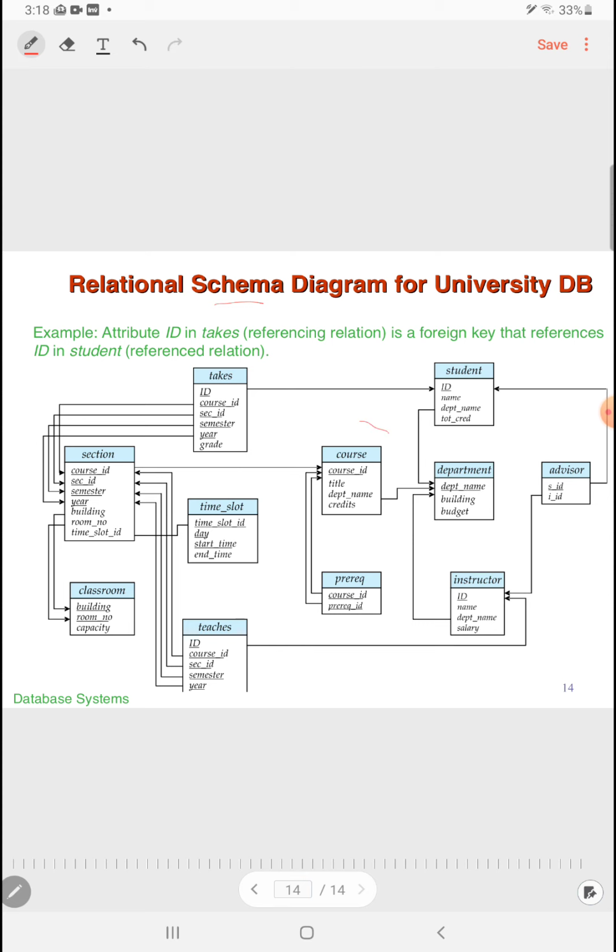Here's the course. The relation name is course. The attributes are course ID, title, department name, and credit. The primary key in the relation is the one that is underlined.